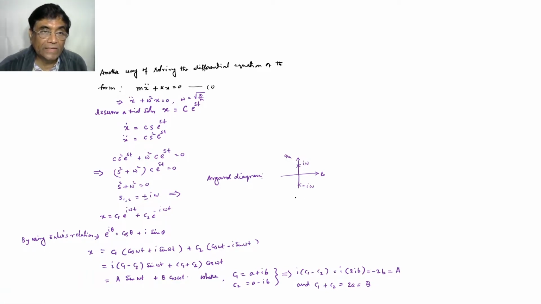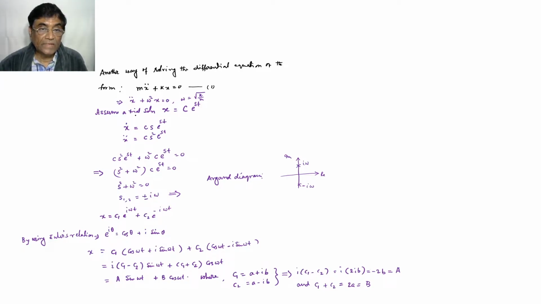As I told you, there are a number of methods for solving a differential equation. I will show you another method, which is widely used: x equals C e to the power st. C is a constant, e is the exponential.